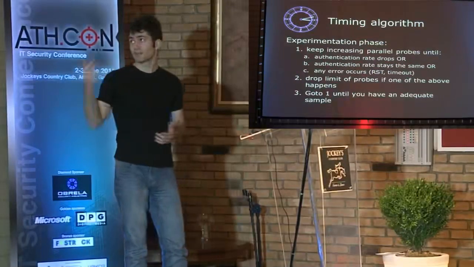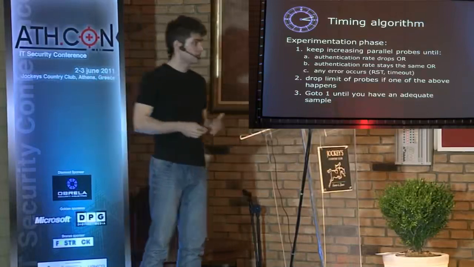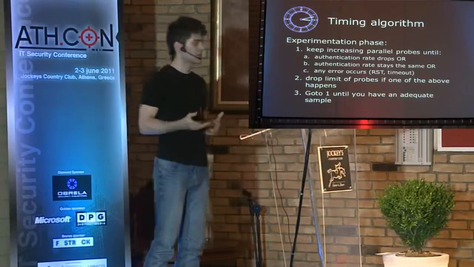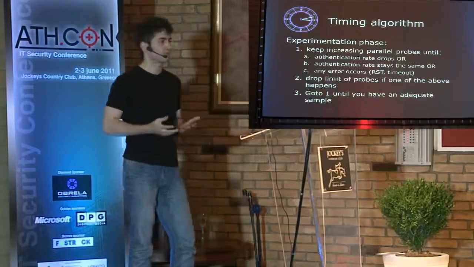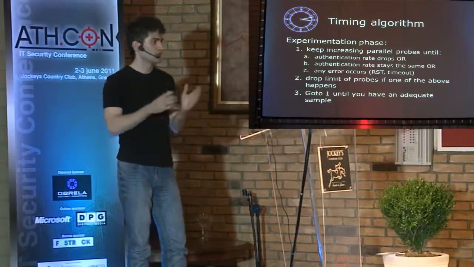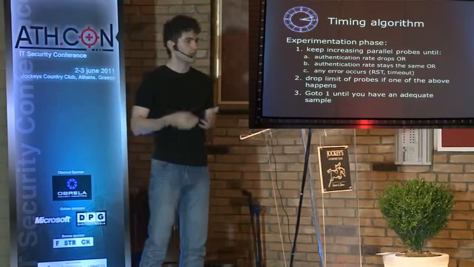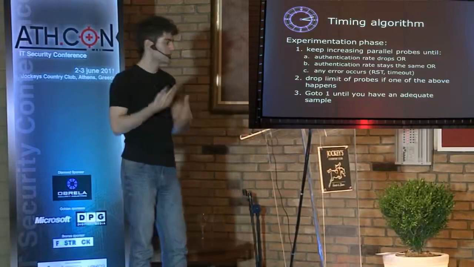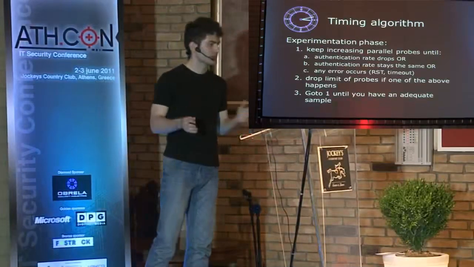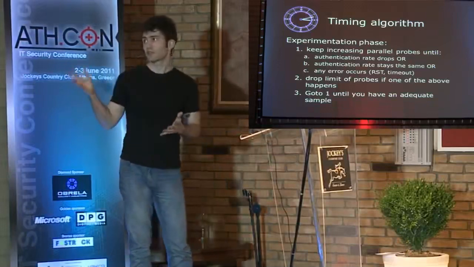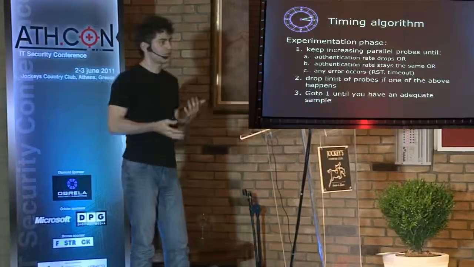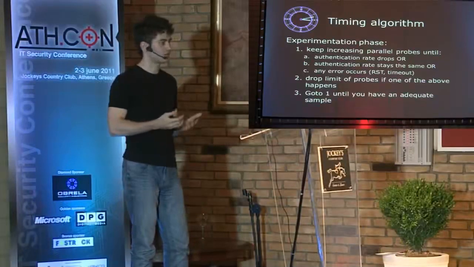There is an experimentation phase initially, in which we do the following things. First, we keep increasing the parallel probes. We said before the reason why we do this, and it's to increase the authentication rate, because we have many open connections in parallel, and this increases the rate. And then we check for the three following things. If the authentication rate drops, this means that something has gone astray.